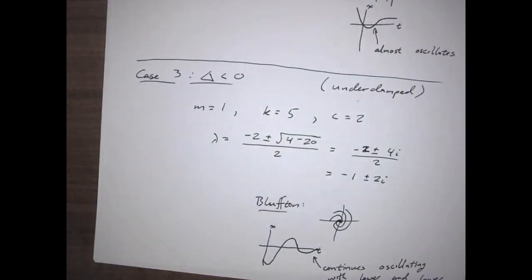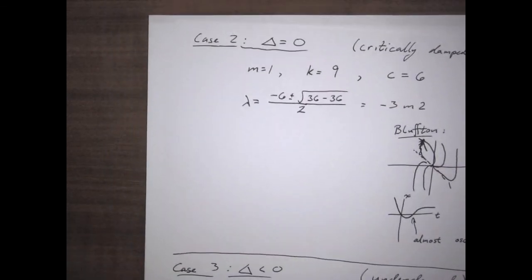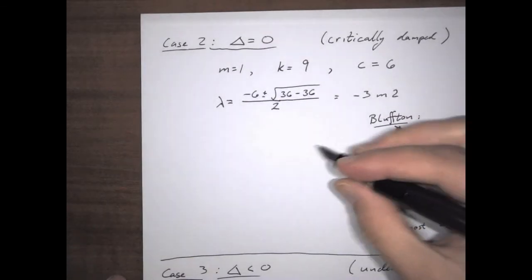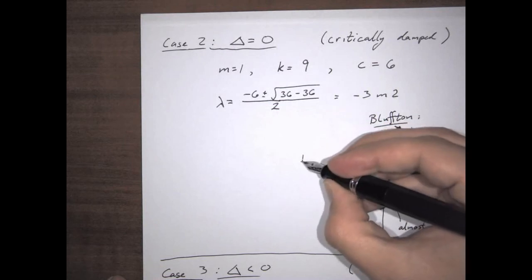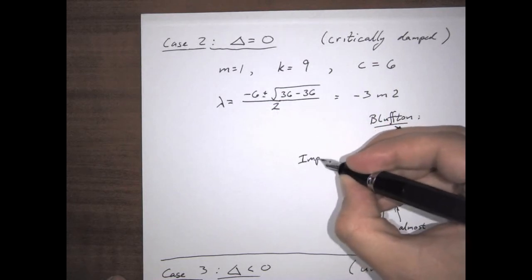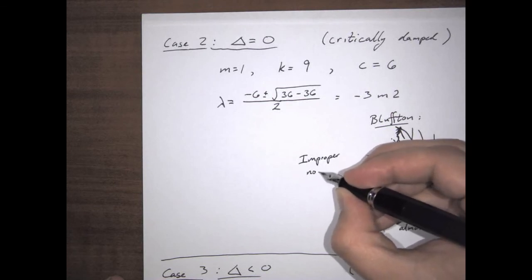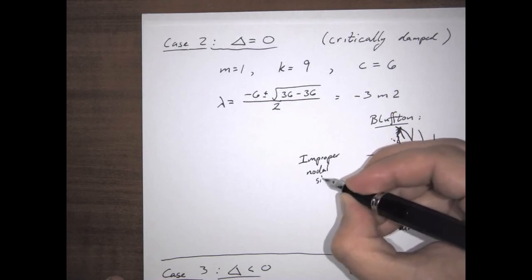It would have required us finding the eigenvectors and such if we wanted to do it analytically, but in fact we were able to see it just visually in this case on the Bluffton. So it's an improper nodal sink.